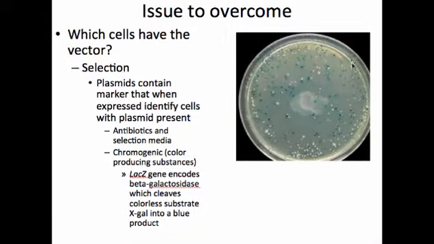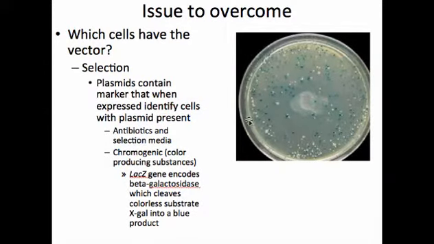This is an X-gal plate, so in the agar there's X-gal present, and only colonies that make beta-galactosidase turn blue and we can select them. So these blue colonies contain the vector that encodes beta-galactosidase. If that was our gene or marker of interest, now we know the cells that would have our piece of DNA that we are interested in.